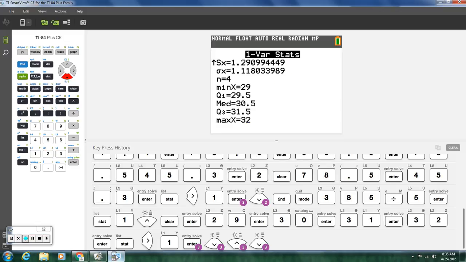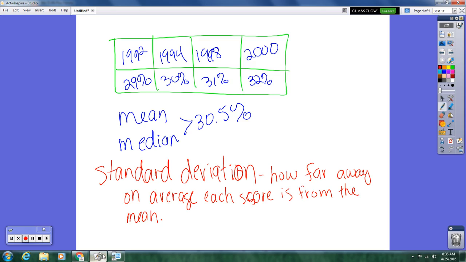Standard deviation is right here. This symbol is standard deviation. It's saying the standard deviation of your X data set is, we'll just go to one decimal, 1.1. And what that means is, if the standard deviation is 1.1, on average any of these numbers are going to be 1.1 away from the mean.